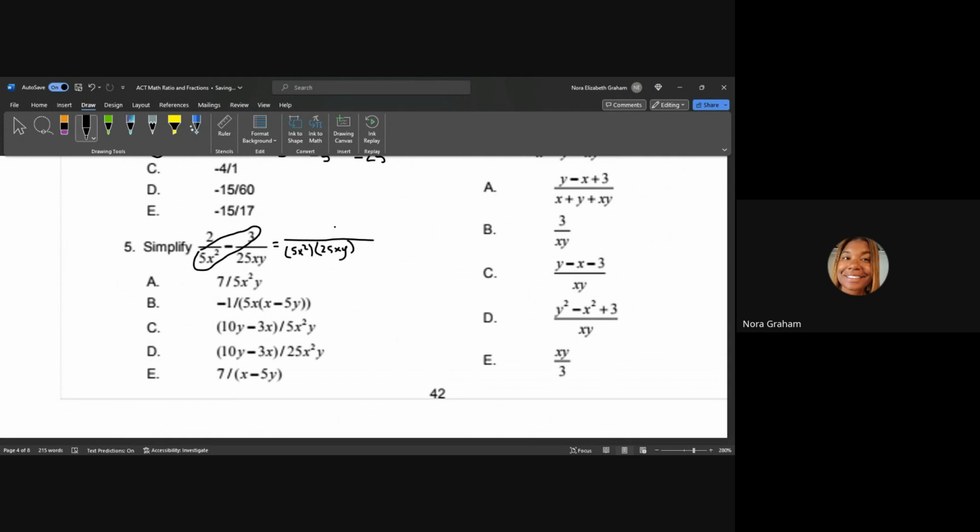Then I cross multiply these two. So I would have 3 times 5x squared. And then I cross multiply this way: 2 times 25xy. Remember, we're subtracting these, so I put that minus right there.